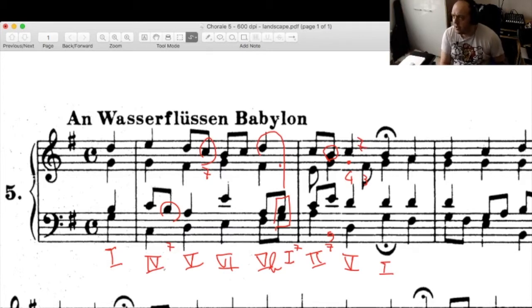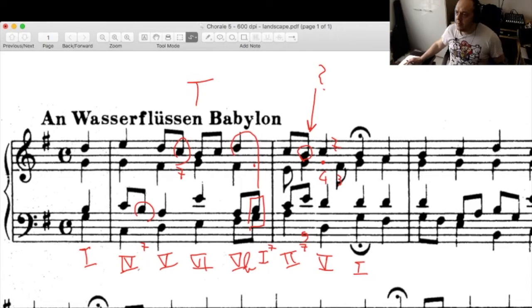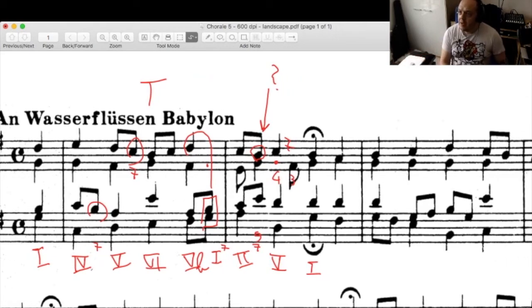Don't know what to call that note. It is a decoration. It's the 9th of A minor. All of that phrase, tonic region, goes to the tonic.